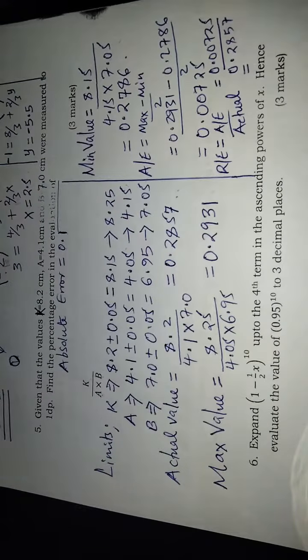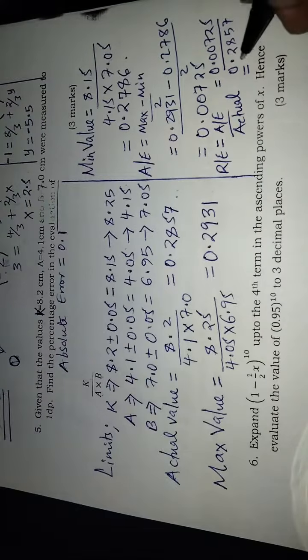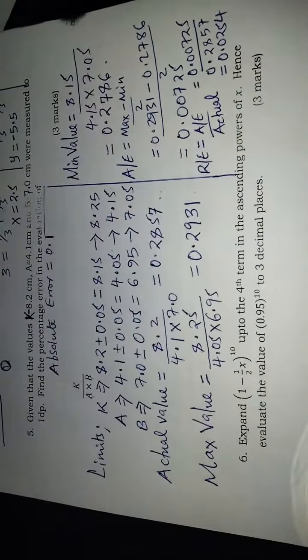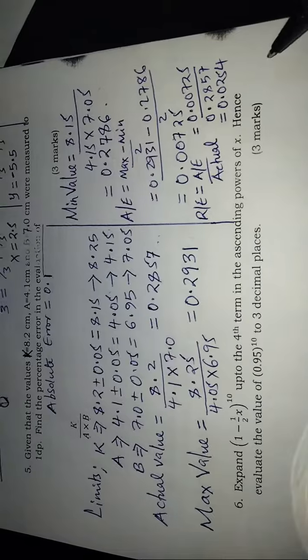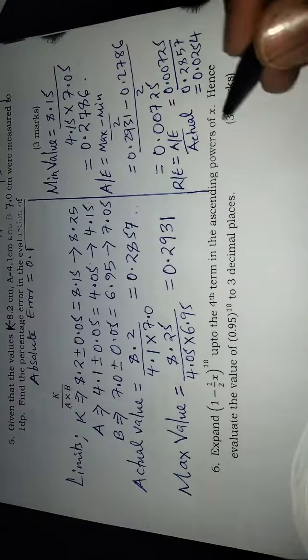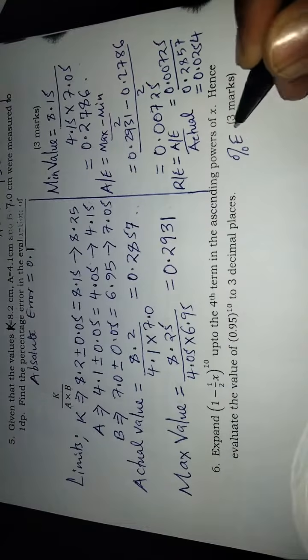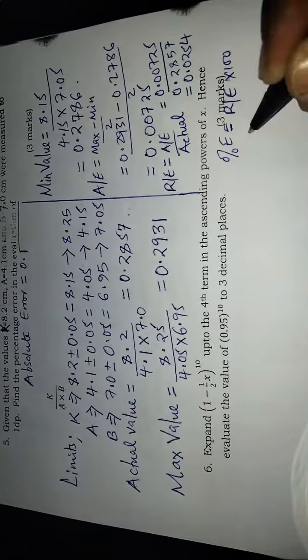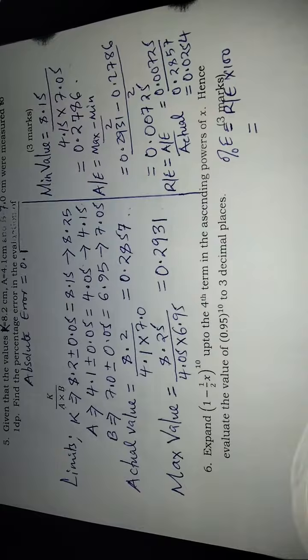When we divide by 0.2857, I'm getting 0.0254. Then after getting the relative error, we can wind up by getting percentage error, which is usually given by relative error times 100. Therefore, we just need to multiply this figure by 100 now, and we'll be there.